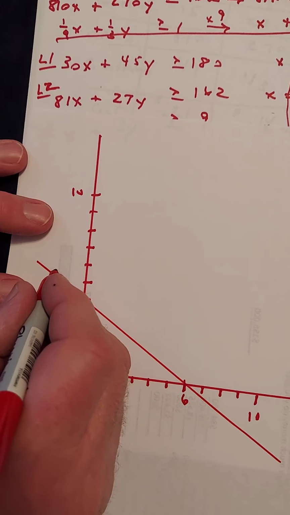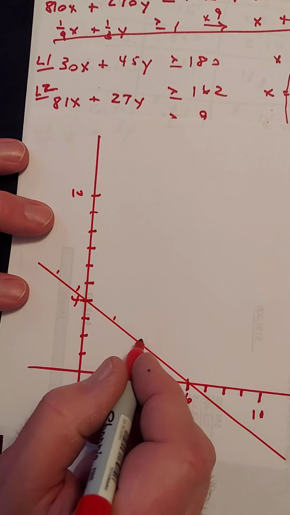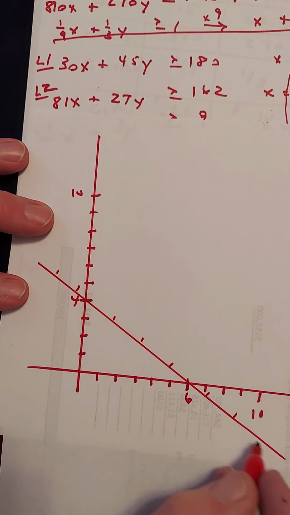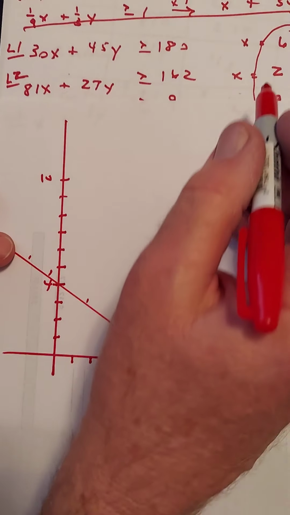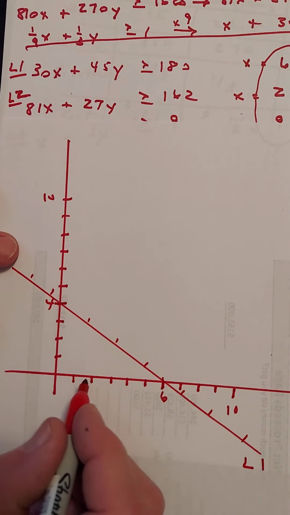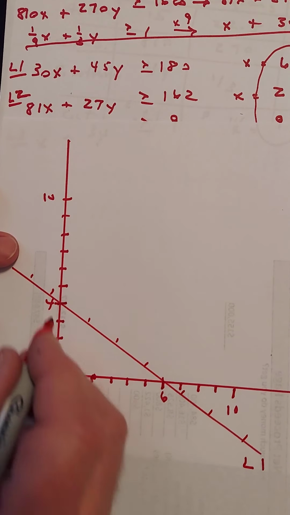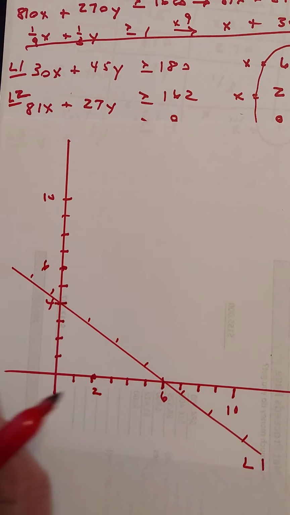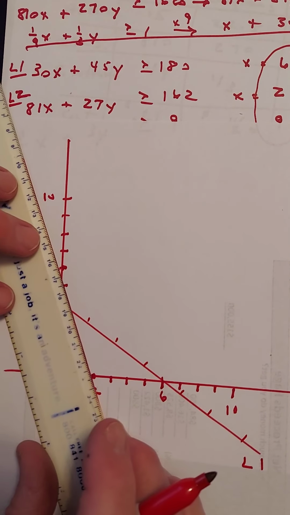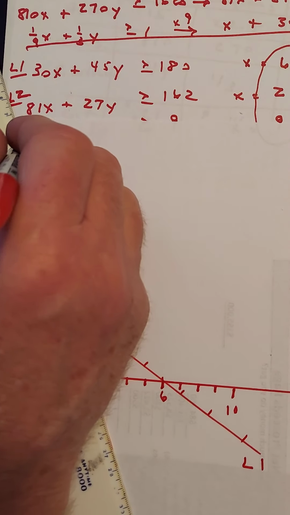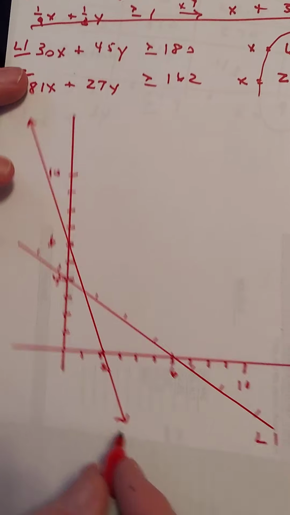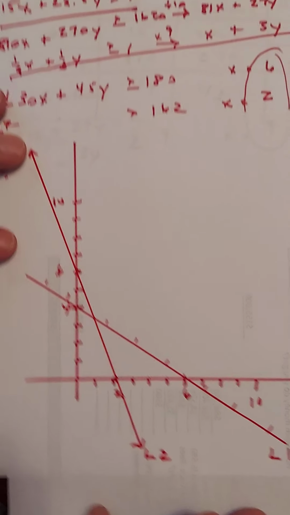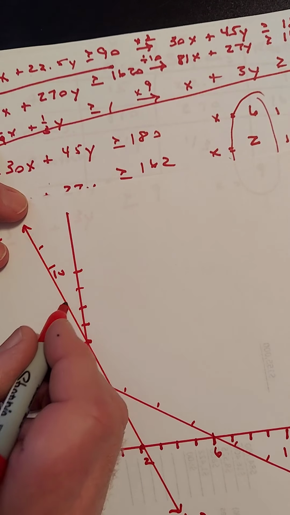And my tick marks, since it's greater than, will all be this direction here. And that's L1. Let's get L2. L2 hit at 2 and 6. X is 2 and Y is 6. There's L2, and the tick marks again are above.